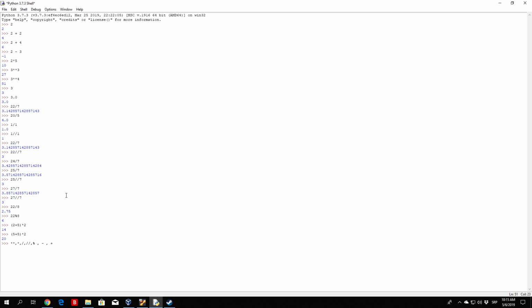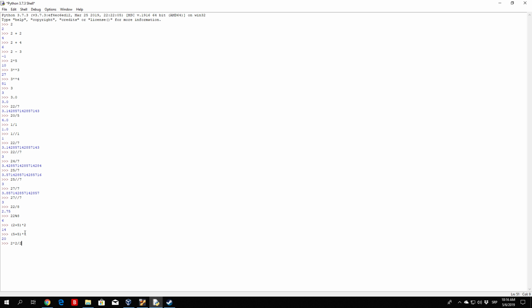So for example, let us give it a try. Let us try to divide and also multiply numbers at the same time. So if you go 2 times 2, and then slash 2, we know now that this will be equal to first executing the multiplication and then the division.